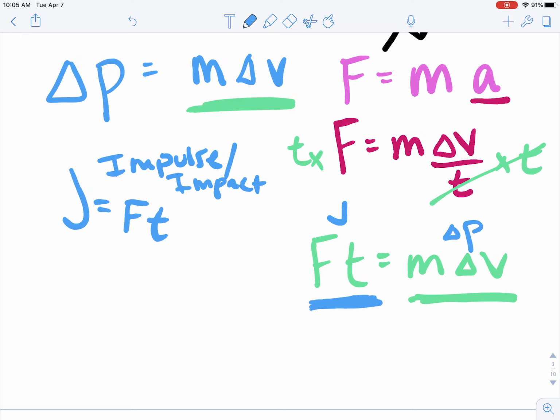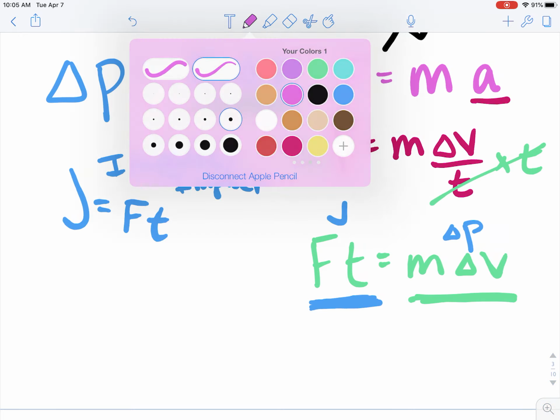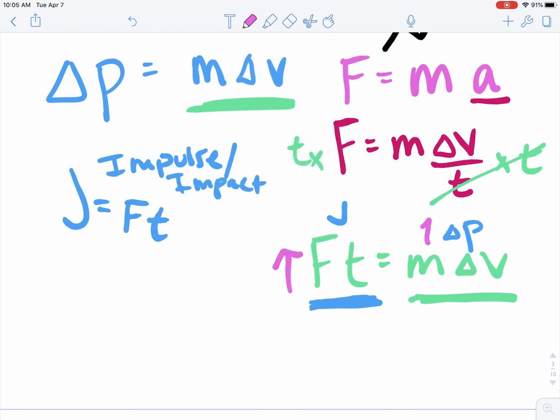So for instance, if I apply a lot of force, I can change my momentum more. If I push or pull on an object for a long period of time, I can change my momentum even more. So I don't know if you recognize this or not, but a lot of math equations I know look like gibberish, but they're big ideas written in symbol form, written with shorthand.